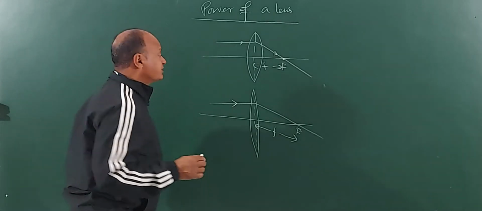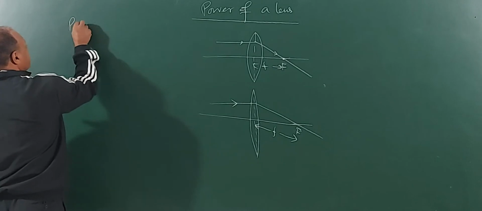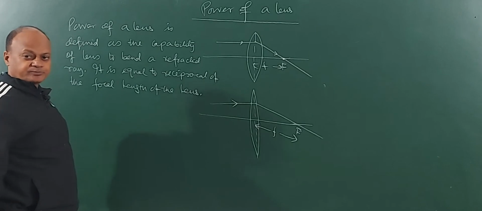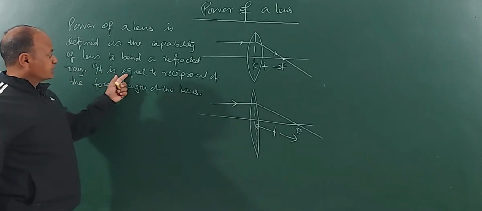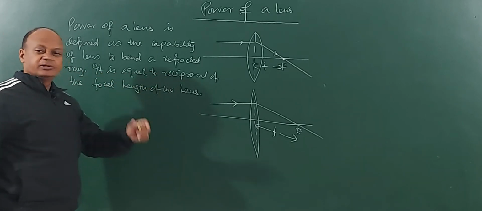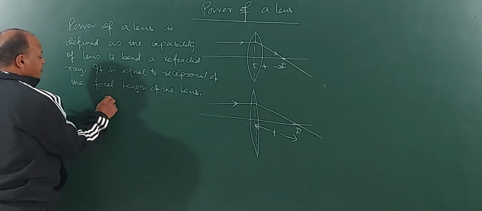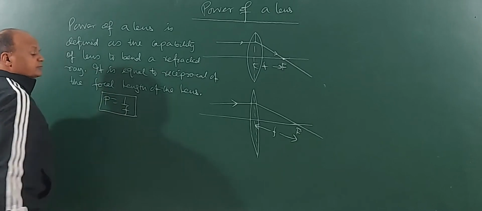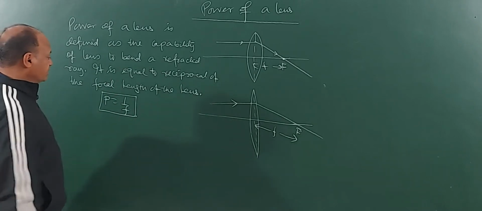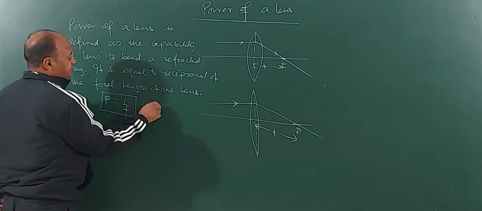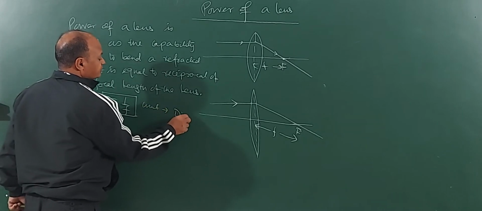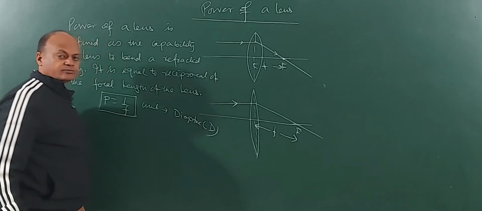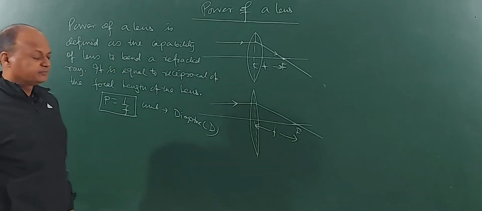Okay, so let's define it. So we define, children, power of a lens is equal to the reciprocal of the focal length of the lens. So P is equal to 1 by F. Now power has a special unit, children. Its unit is diopter and its symbol is D. So what is 1 diopter power?